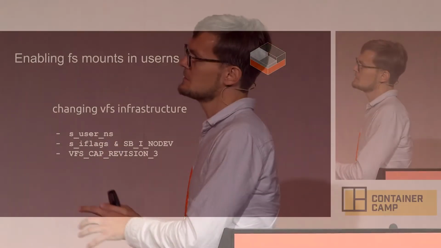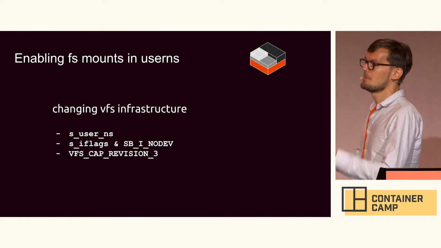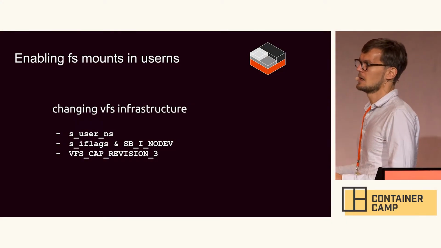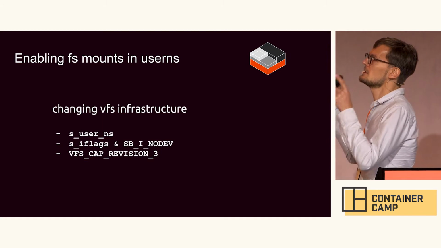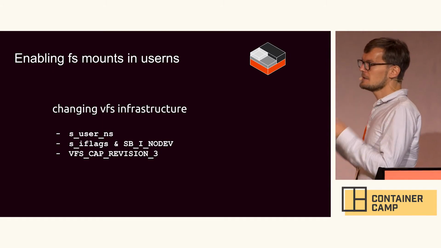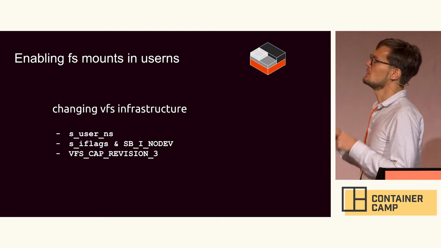When you write it from inside the user namespace, the kernel records the UID that wrote it. Then, if you try to execute it from another namespace, the kernel checks: is there a mapping for this root UID, for user namespace ID 0? If there is, you can execute it. If there isn't, you cannot.